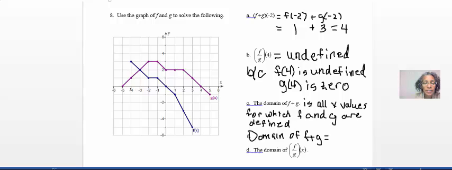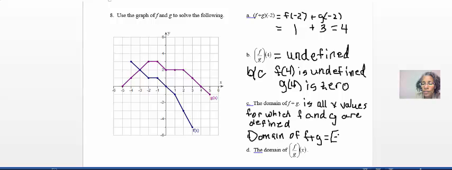F is defined for negative 4 and positive 3 and all numbers in between. So g is defined for a bigger set of numbers than f, and for every number for which f is defined, g is defined. So this domain then is actually the domain of f, because that is contained within the domain of g.